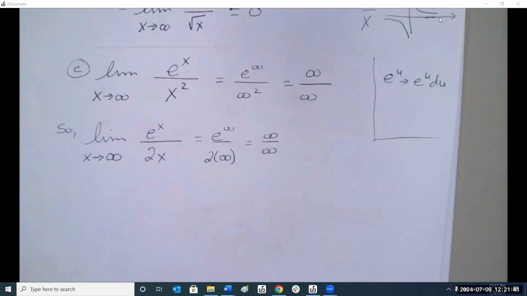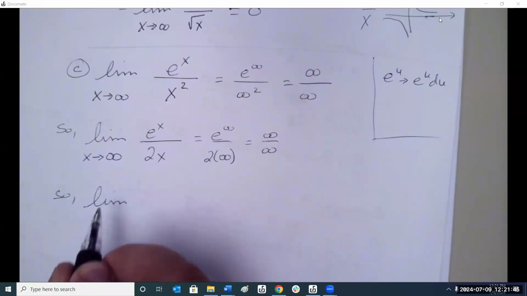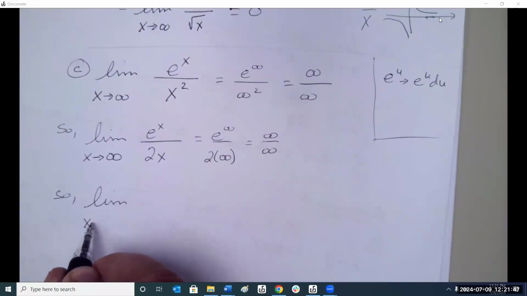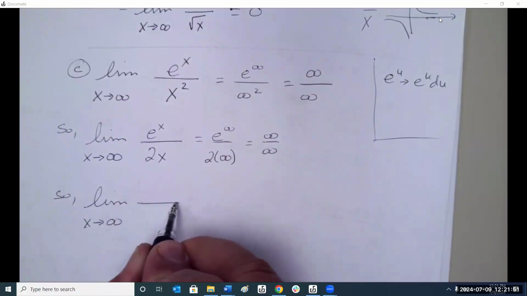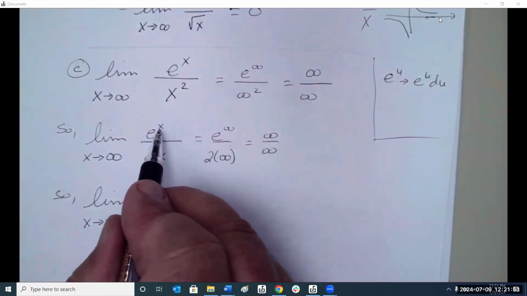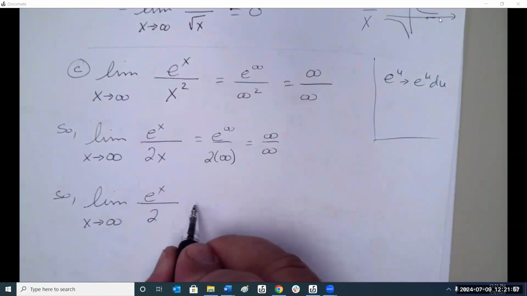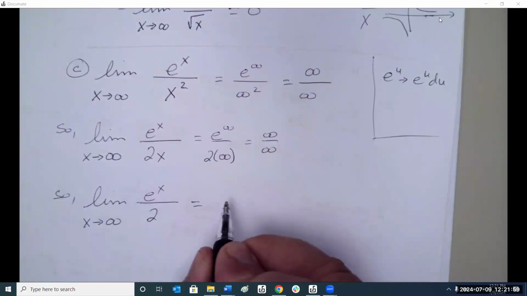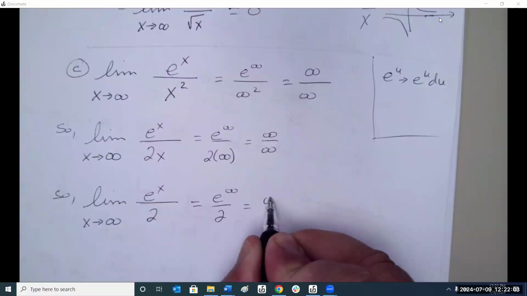So we get to do it again. Derivative of the top is e to the x, the derivative of the bottom is 2. So it's e to the infinity over 2.